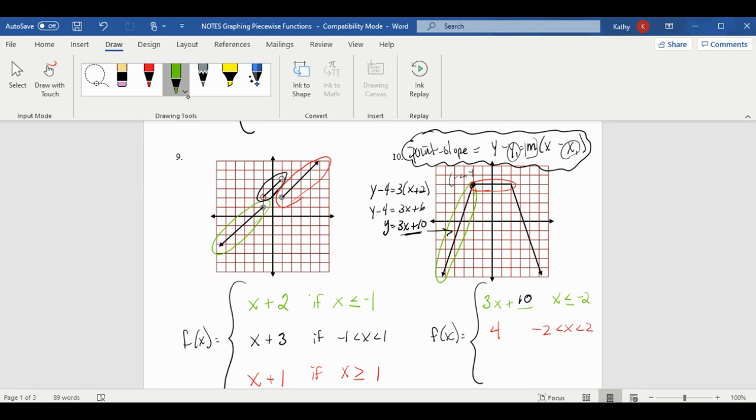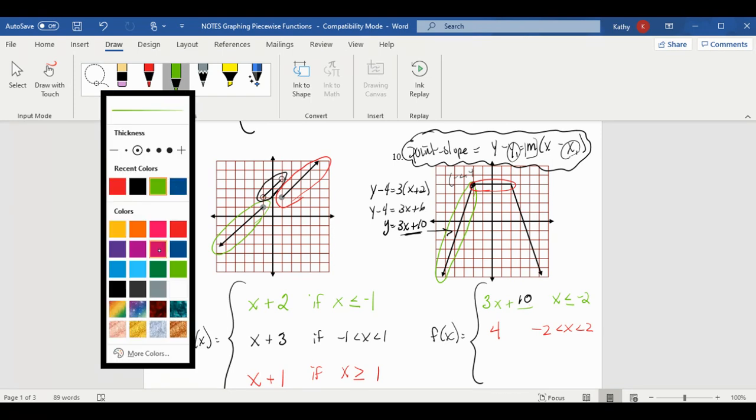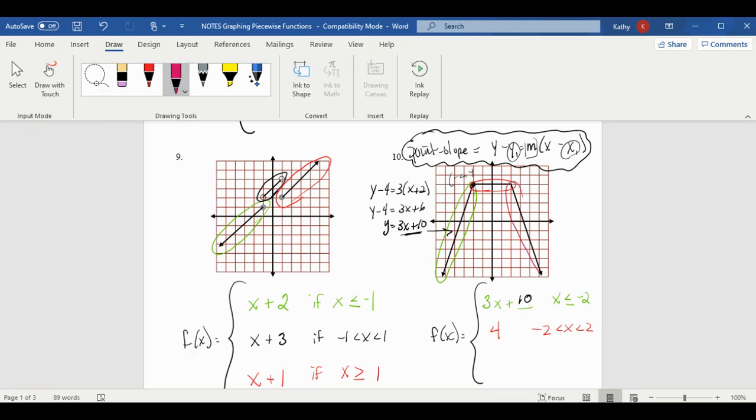Our final equation on the right for this piece here is actually very similar to the piece on the left. The only difference is this slope is now -3. So -3x, but now we also want to find our y-intercept, so we could do again y, this point here is +2, 4.